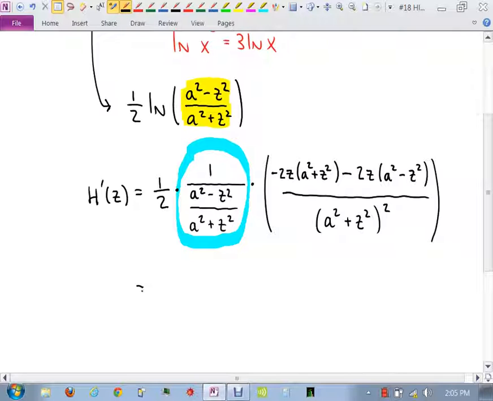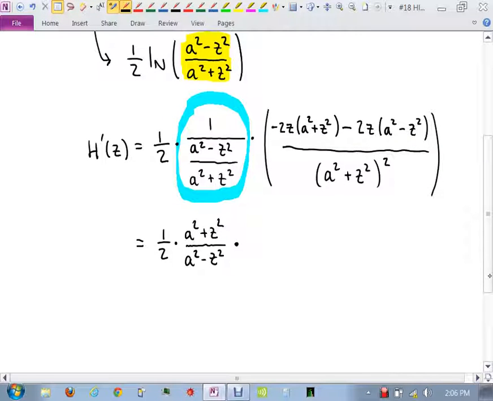Okay, so this becomes, I'll just leave the 1/2 out here for now, a squared plus z squared over a squared minus z squared times, now I'd like to distribute the negative 2z through, and I'd like to distribute the negative 2z through again. So I should get negative 2za squared minus 2z cubed minus 2za squared plus 2z cubed.